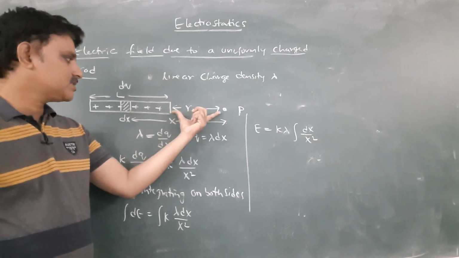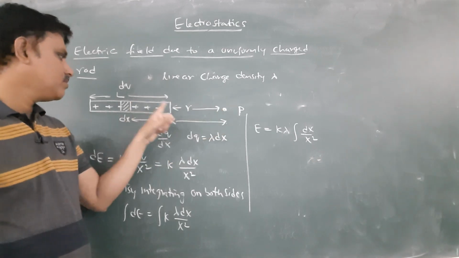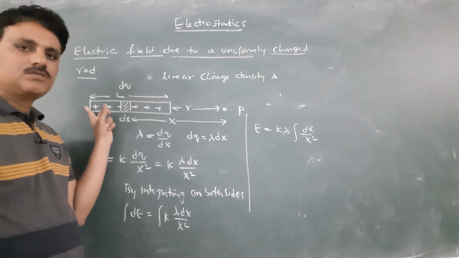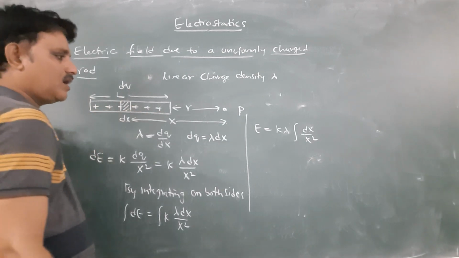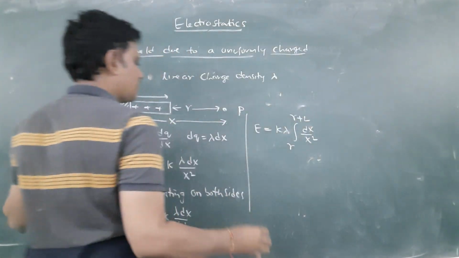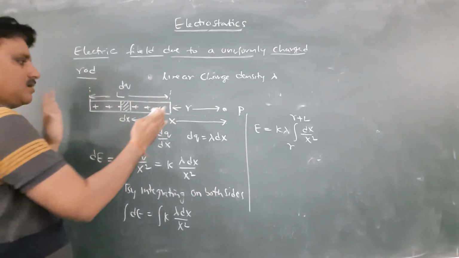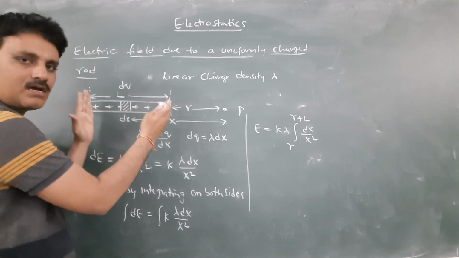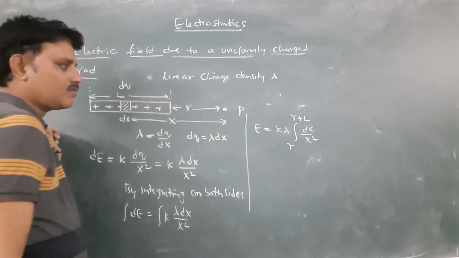So from the distance r to r plus L: r is the point here and r plus L is the point there. We are integrating over the entire length of the rod. That is why we take the limits r to r plus L.